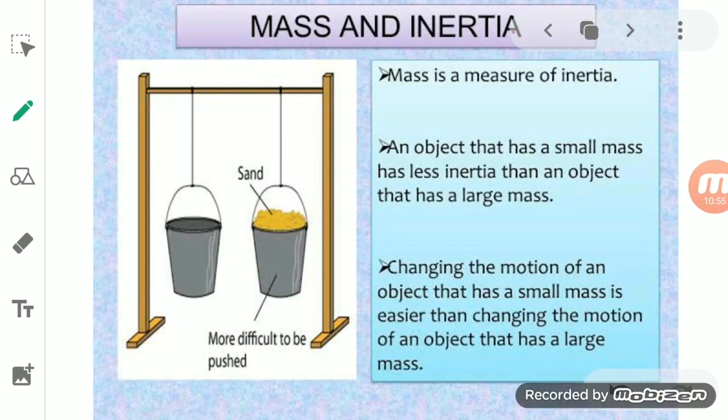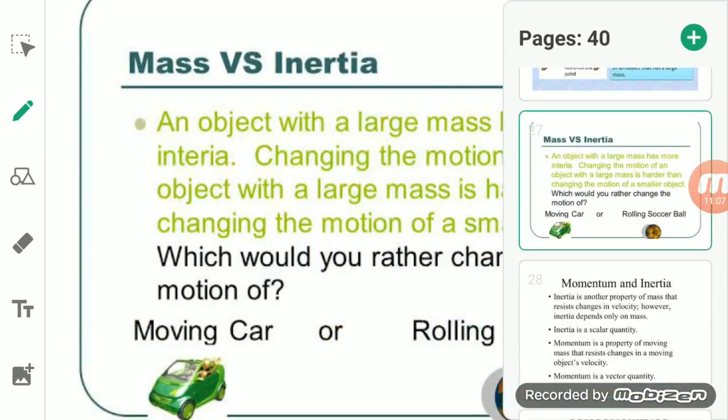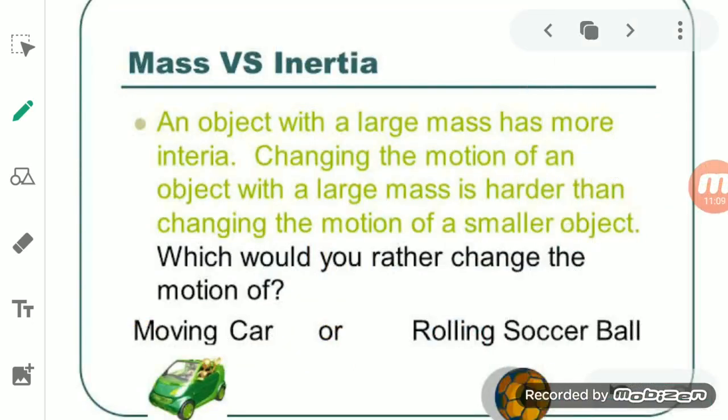A lighter object has less mass, so we have to apply very little force to change its state, and therefore less inertia will be there.